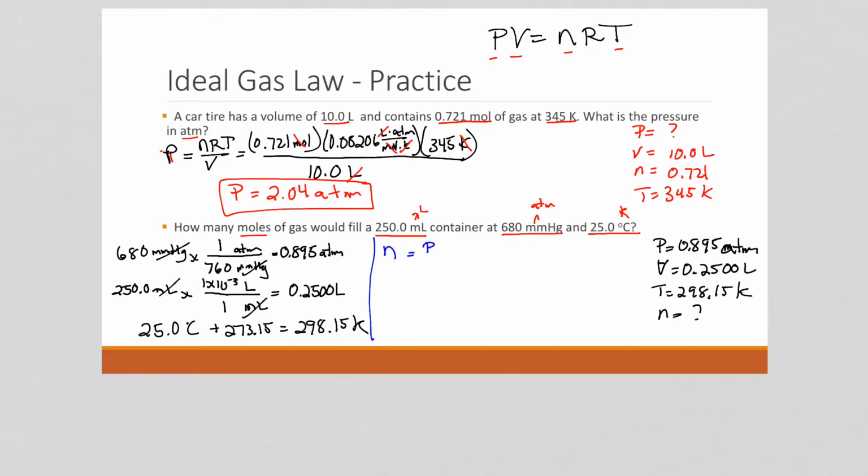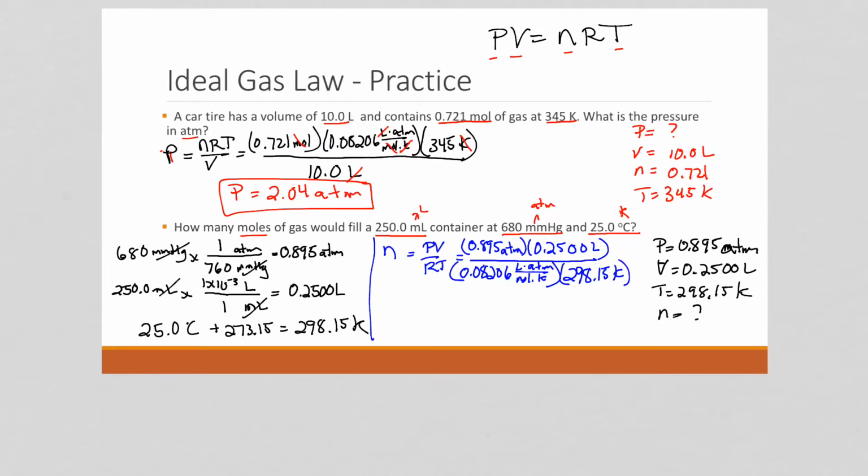I get n equals PV over RT, which equals 0.895 atm times 0.2500 liters, divided by 0.08206 liter atmospheres per mole Kelvin and 298.15 Kelvin.